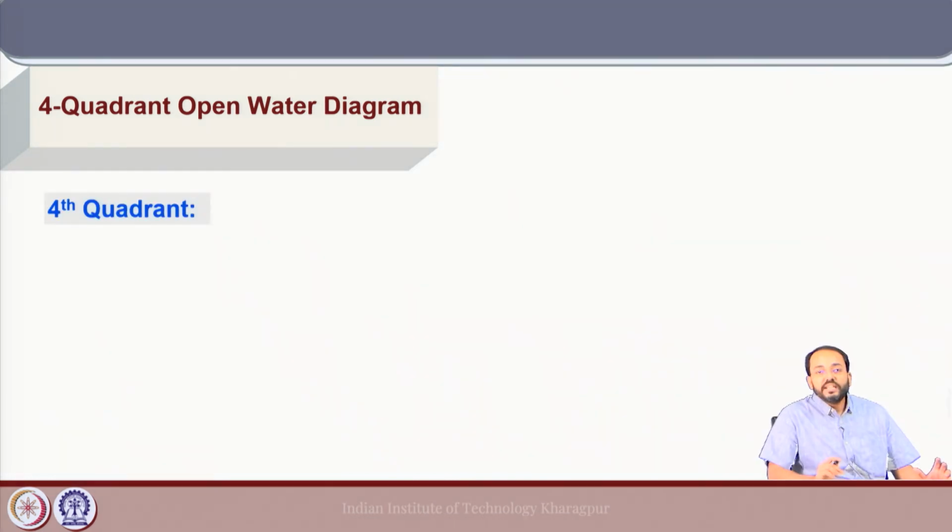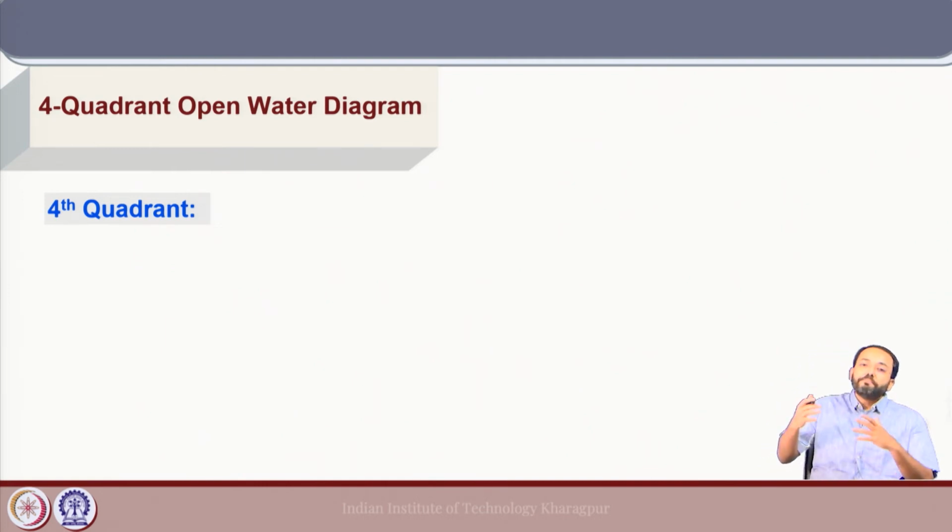Now, let us move on to the last quadrant, which is the fourth quadrant of the open water diagram. The ship was moving astern as well as the propeller was giving astern thrust, being rotated in the reverse direction. Now, let us look at the fourth case, where the requirement of astern motion is already achieved and we again want to move forward and we reverse the direction of the propeller rotation again to the standard forward direction. So, the propeller is again rotating in the forward direction, but the ship, because of inertia, is still moving astern.